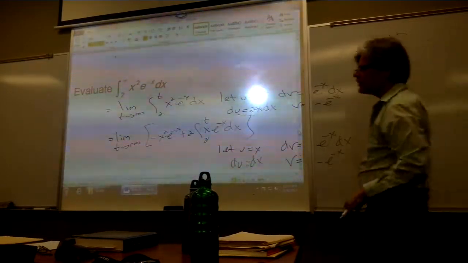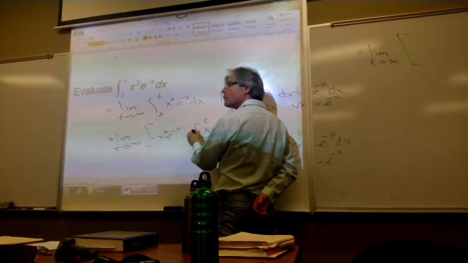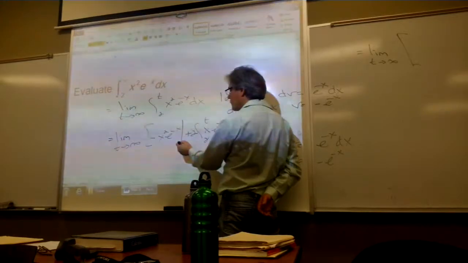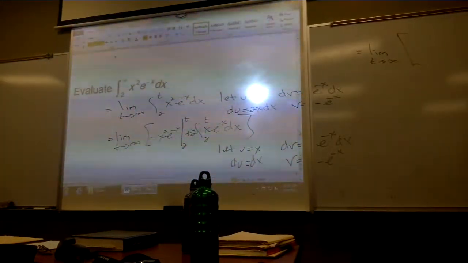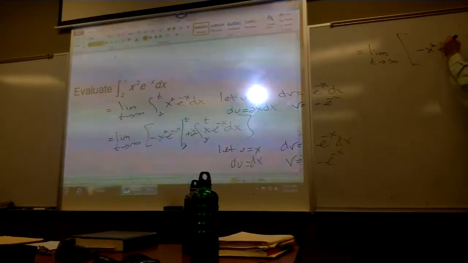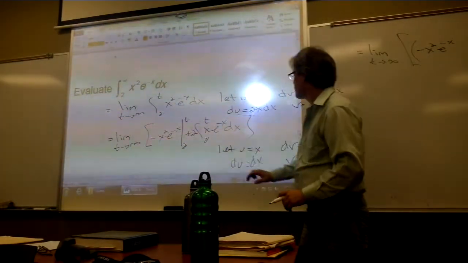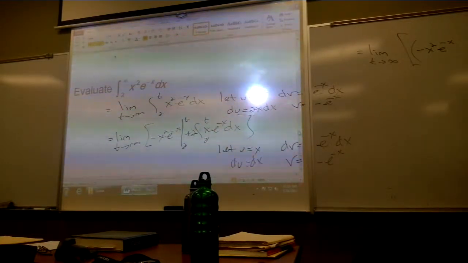Don't you guys think I should be saying this? Watch the plus 2, I'll slide it over a little bit. Eventually, I have to evaluate this one term as t ranges from 2 to t. I really should say that. But now I've got that one term, negative x squared e to the negative x, plus 2 times my new u times my new v, which will be negative 2x e to the negative x. I'm going to evaluate that from 2 to t.